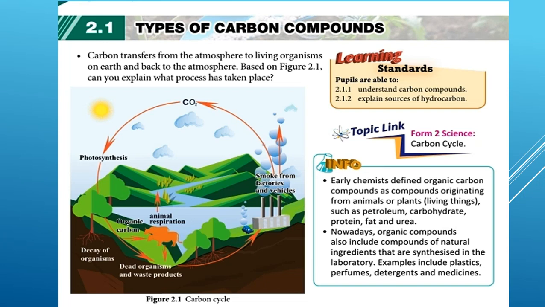Okay, so here you have learned in form 2 science about the carbon cycle. So this is a carbon cycle. Carbon dioxide from the surrounding is absorbed by the plant during photosynthesis, and then they will move to decaying of the organism and waste product.